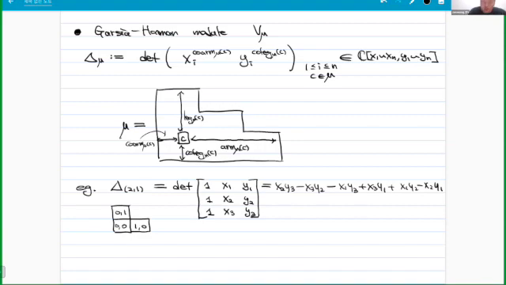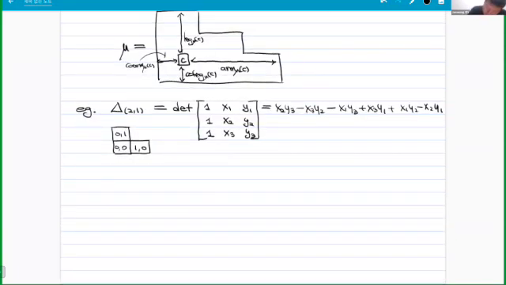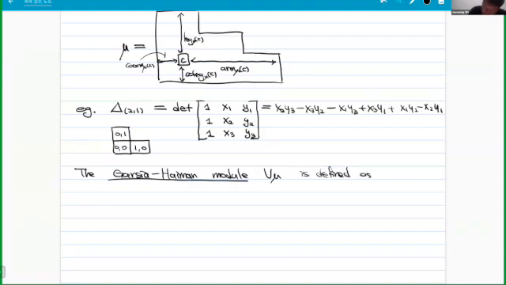And the Garcia-Haiman module V mu is defined as a span.